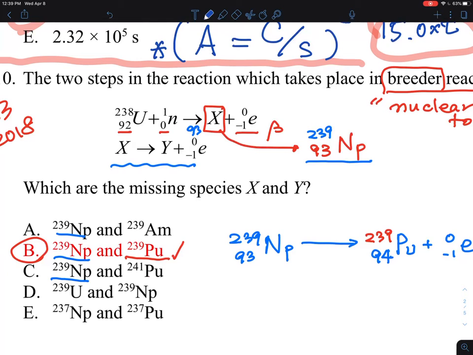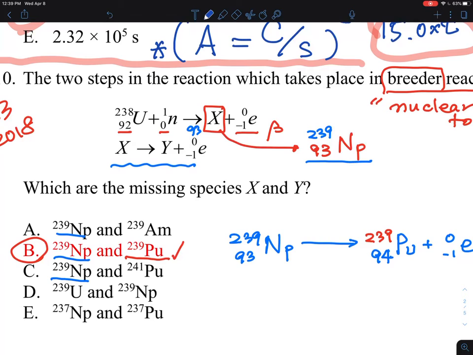So I can write 93, and if you look at the periodic table, that's neptunium, Np. You can write these characters in red, and then finally you figure out 238 plus 1 is 239, and this side is 239. So this is 239, 93 neptunium. That's what X is going to be here.